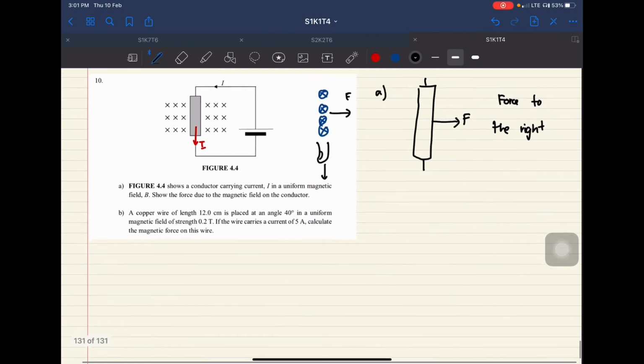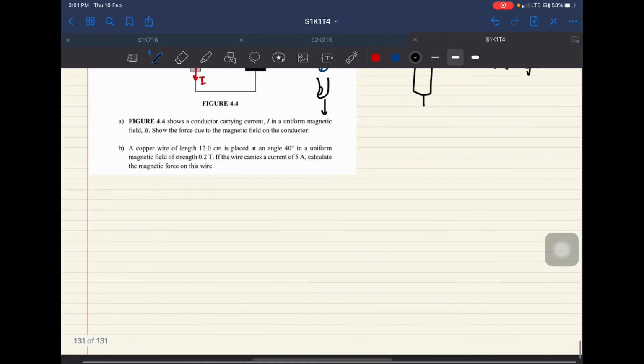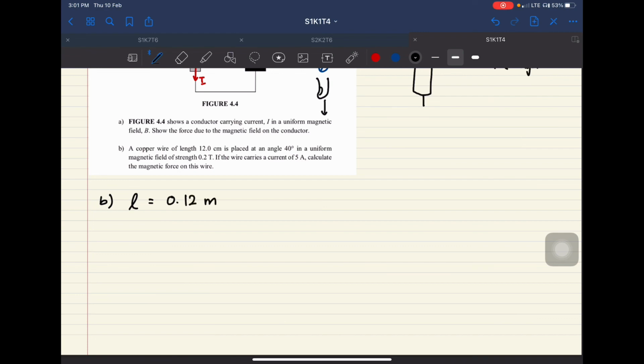And then the last part, question B, asks you to calculate the magnetic force on this wire. The length is 12 cm, which I change to 0.12 meter. The angle theta is 40 degrees, the magnetic field strength B is 0.2 Tesla, and the current is 5 ampere.